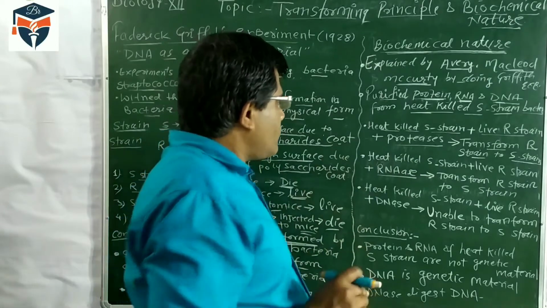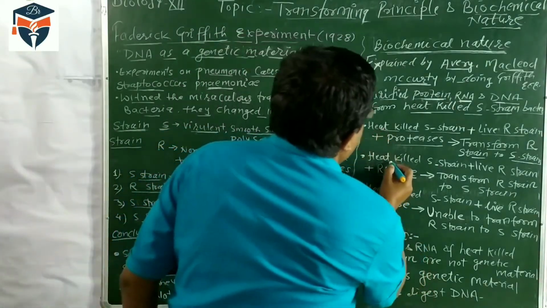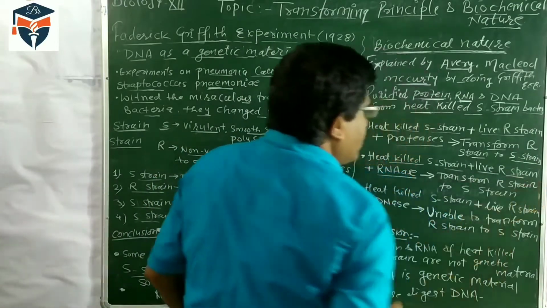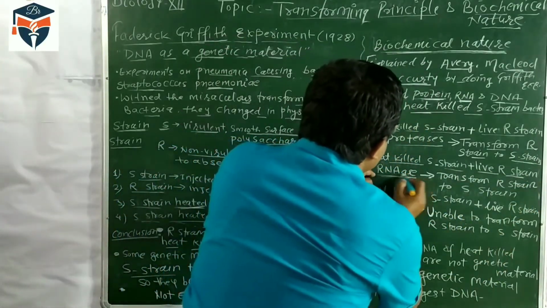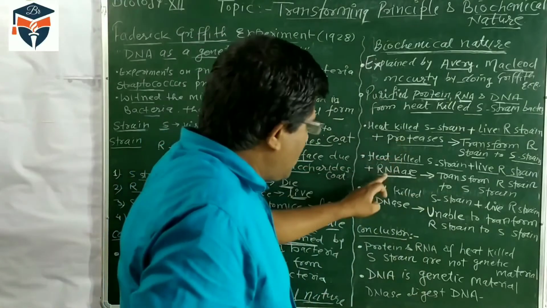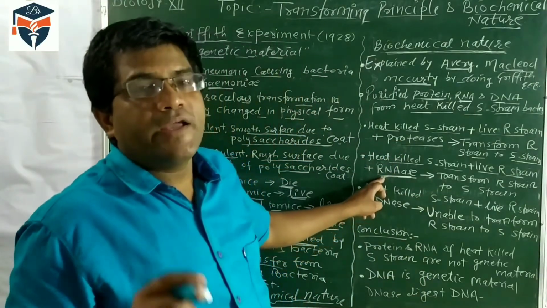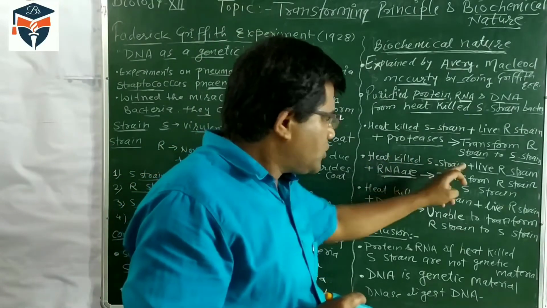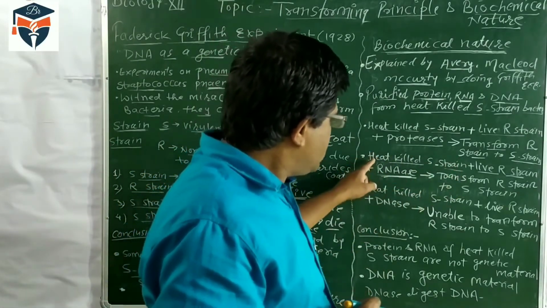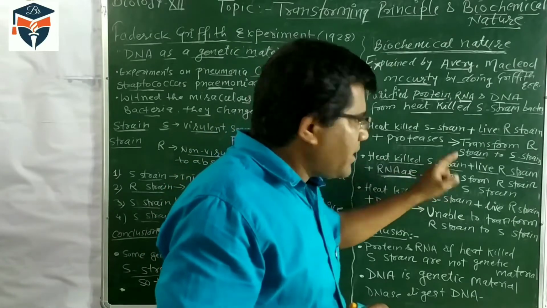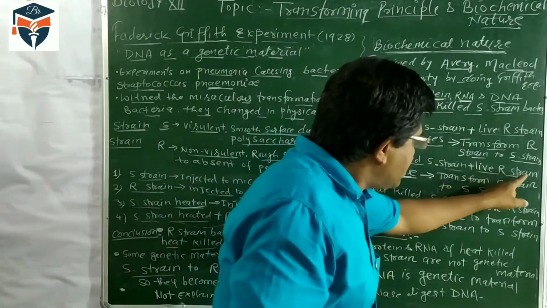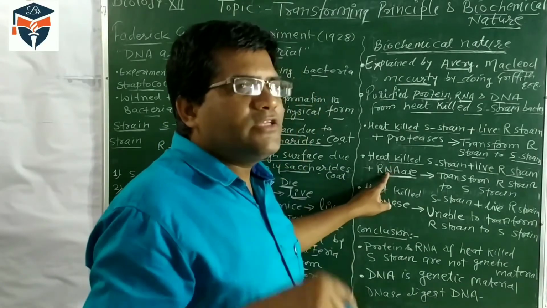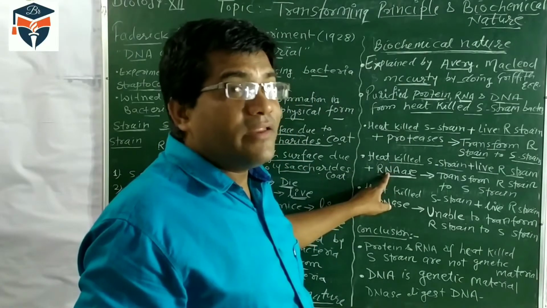Second, heat-killed S bacteria are mixed with live R bacteria and RNase enzyme. Unlike protease, RNase enzyme is used to digest the RNA. So in this solution of heat-killed S bacteria, live R bacteria and RNase, the RNase digests the RNA molecule.